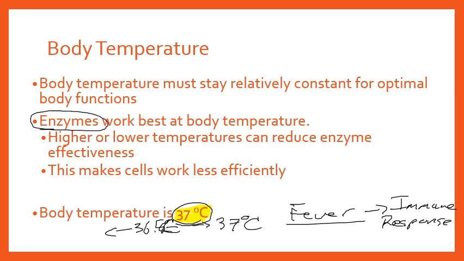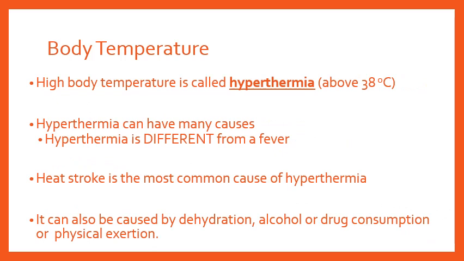Enzymes carry out the functions or the chemical reactions inside your body. You're just a big walking bag of chemicals. So if those enzymes stop working, then your cells will not work efficiently. And if your cells don't work efficiently, then you don't work efficiently and you can die. Okay, your body temperature needs to be pretty constant. If it doesn't, you die.